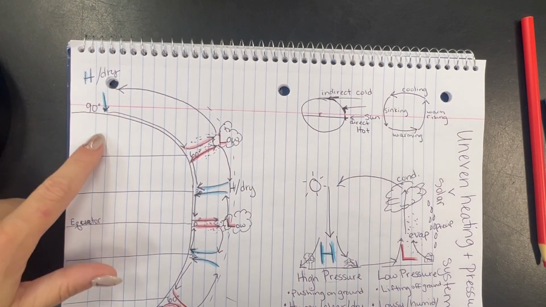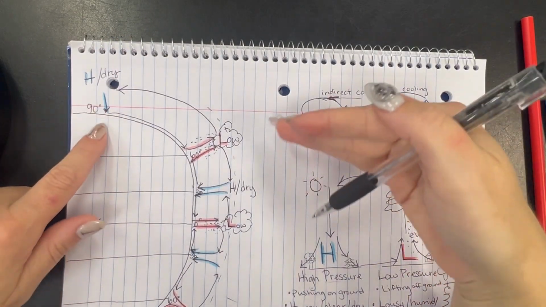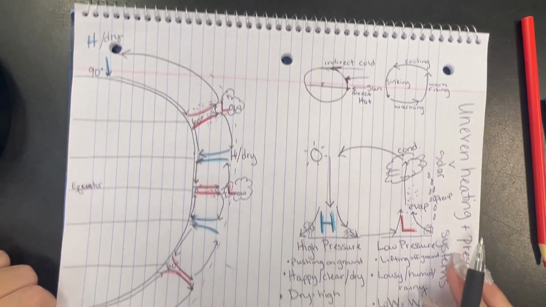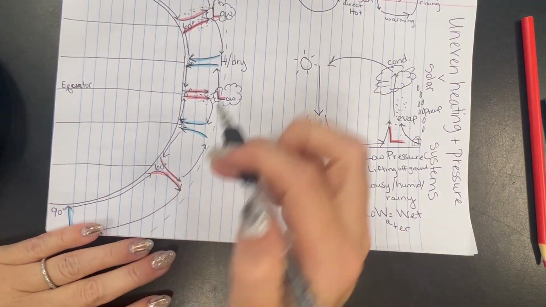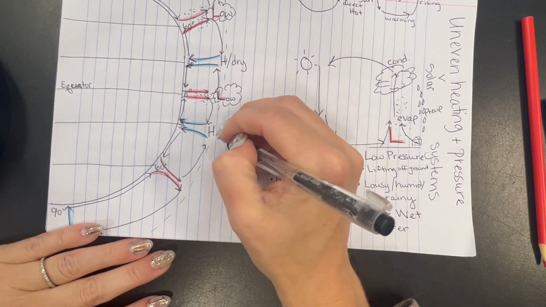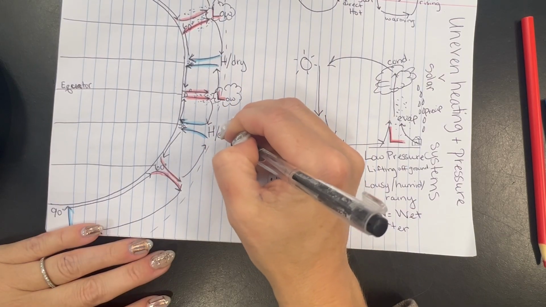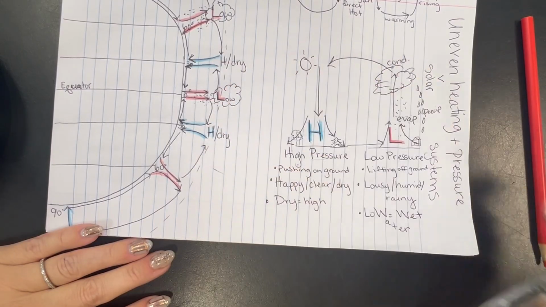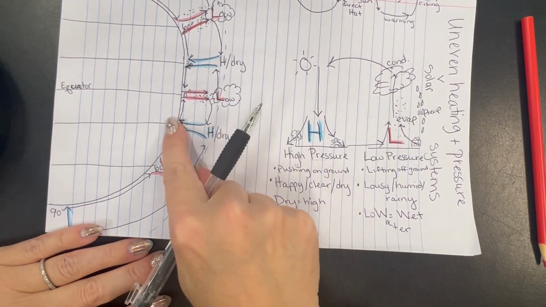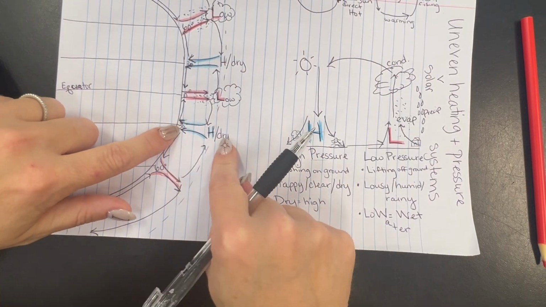That's pressing against Earth's surface, pressing down. All right, and then right here, we have high pressure again, which is dry. Pressing down, high is dry, no water vapor moving up to the sky.